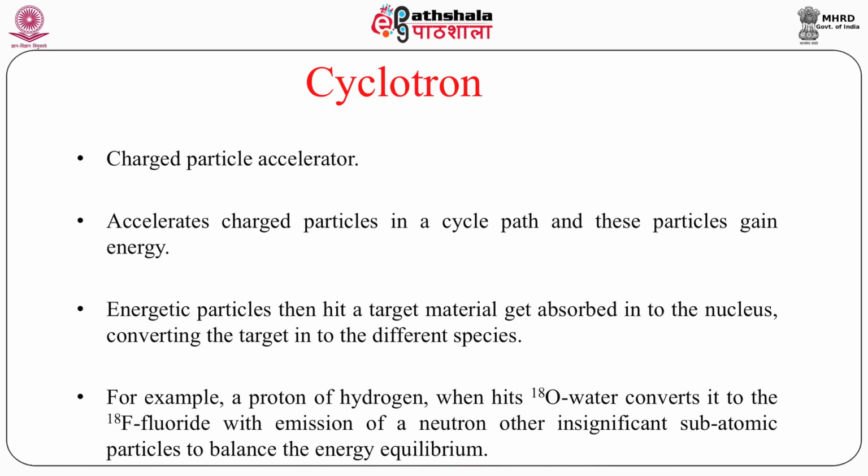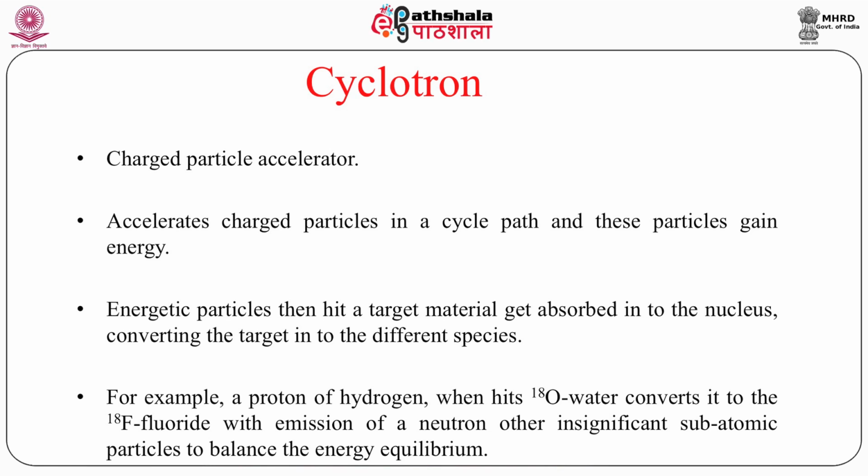A cyclotron is like any kind of accelerator because its function is to accelerate charged particles, but it is circular in shape. What type of charged particle? Either proton or deuteron, because they have positive charge, they can be accelerated. Charged particles are accelerated in a circular path and these particles gain energy. So, accelerator itself means you are going to give acceleration to the charged particle.